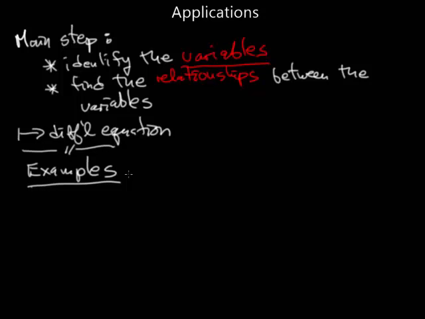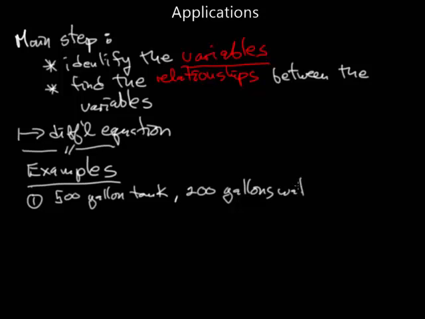So first of all, let's look at an example of the following type. Let's say that you have a 500-gallon tank, and it has water in it. It has 200 gallons of water. And in that water is 100 pounds of salt.